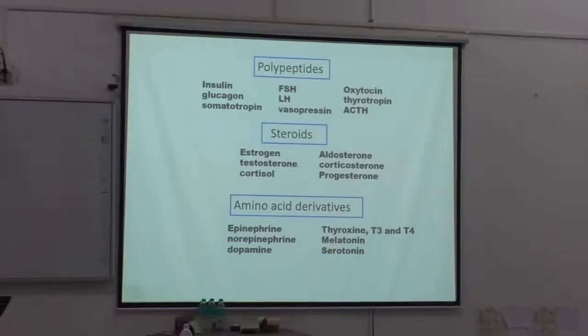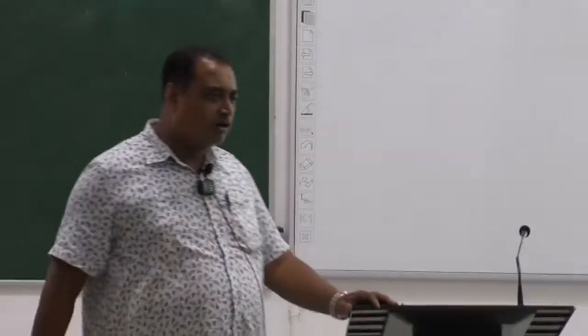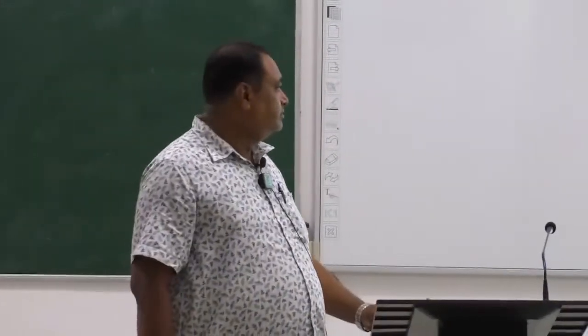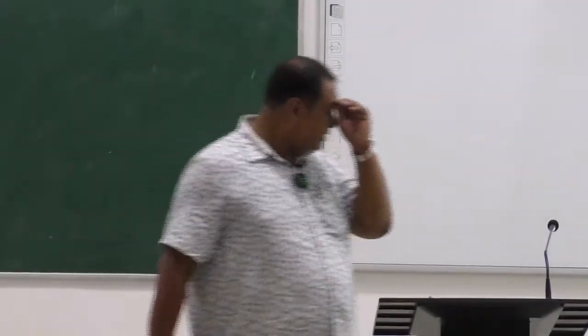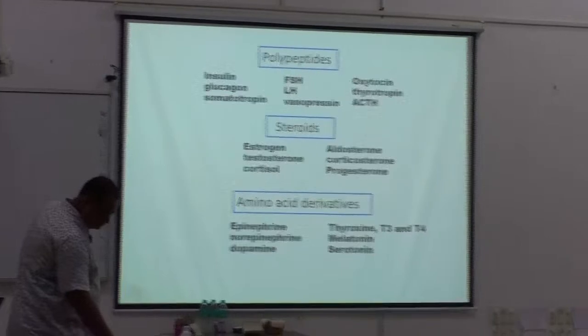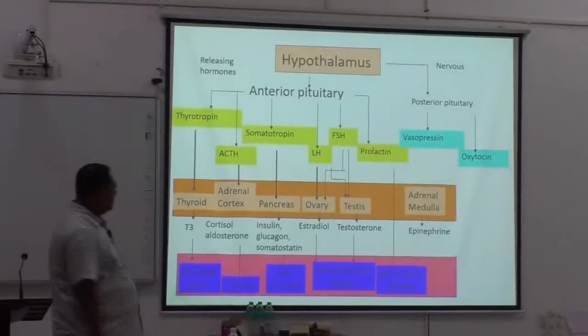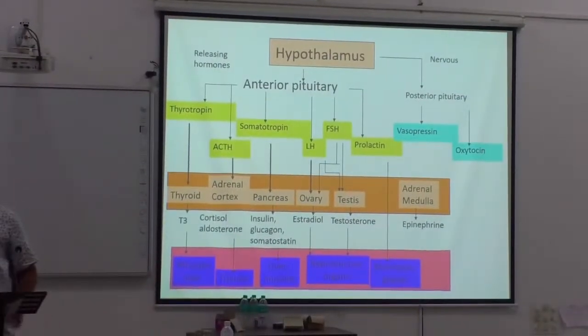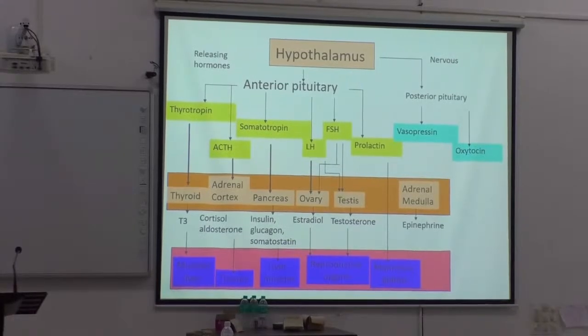All hormones are not possible to write, or the names of all the hormones. Fine. Amino acid derivatives, you must be able to give a few names like this. Now, this is which hormone function. The different hormones, they are releasing hormone or stimulating hormone, and their effector organ in one page, more or less.